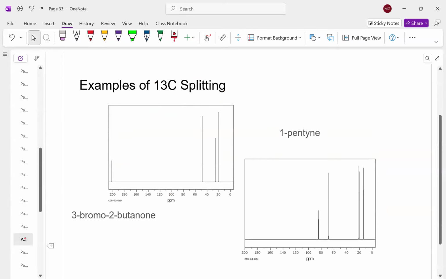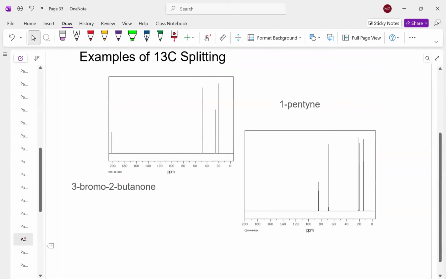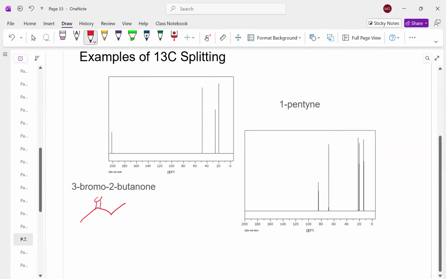So let's look at a couple examples and then we will call it a day with this series of videos. I'm going to revisit some problems we did in the past. Here's 3-bromo-2-butanone, and what I'm going to do is add the splitting to these. So we have singlet, doublet, quartet, quartet.